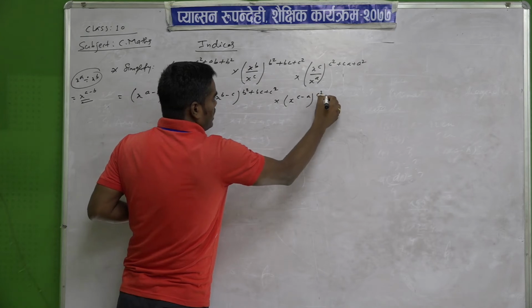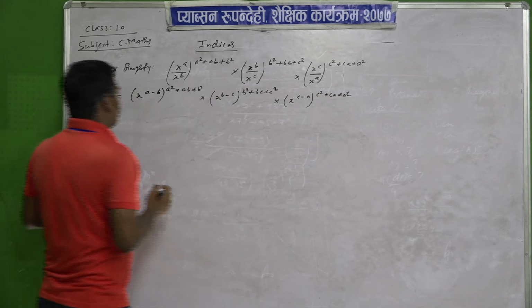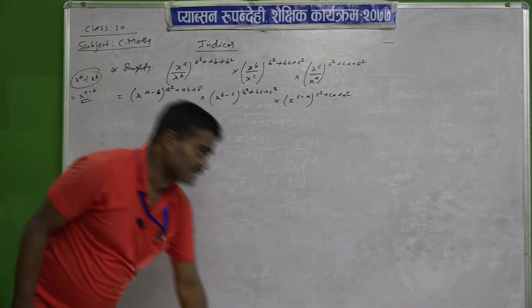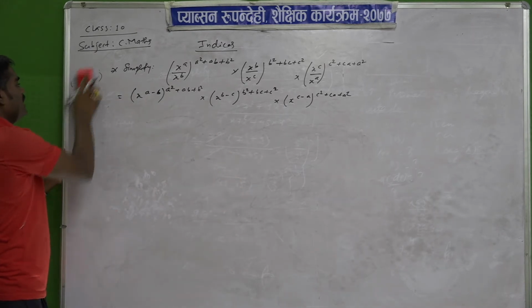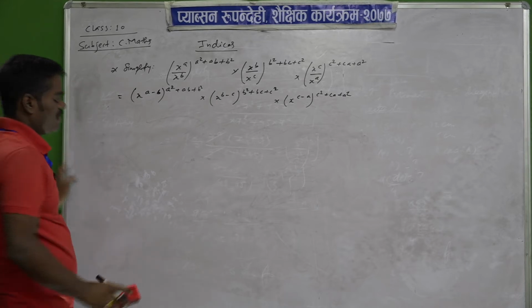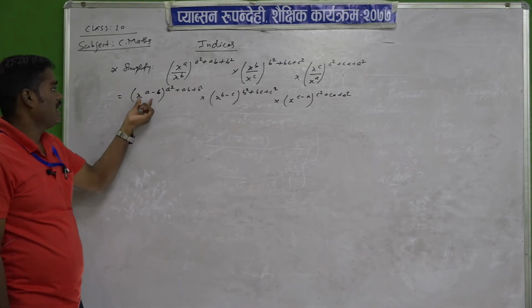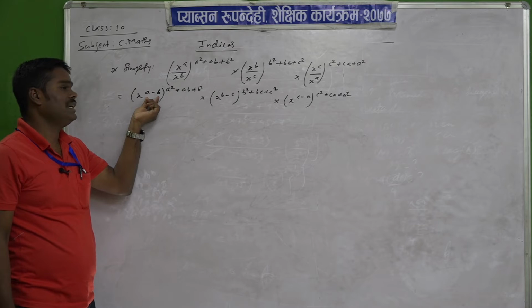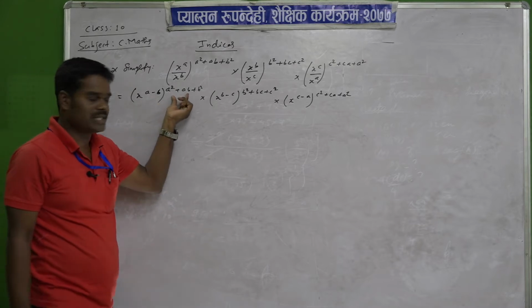So c square plus ca plus a square. And then you know, if bases are same then powers are added, and if power over power then they are multiplied. So see here, x power a minus b, and then the whole power is a square plus ab plus b square.